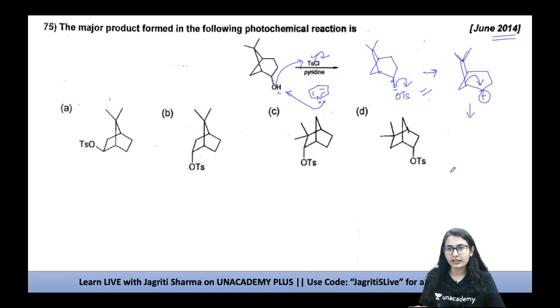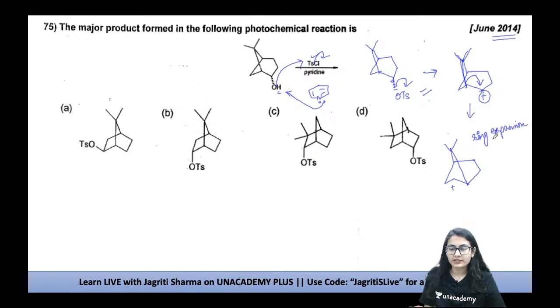Why is it migrating? Because after it migrates, let me just draw the molecule in the same pattern so that you understand clearly what just happened. After it migrates, you are getting the ring expansion. This was a very small ring over here, and now this is a bigger ring. So the ring expansion is the driving force.